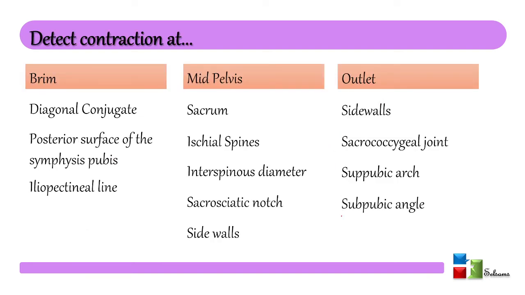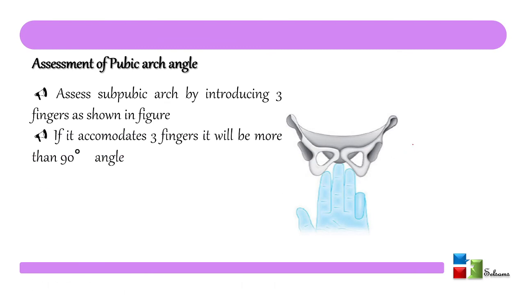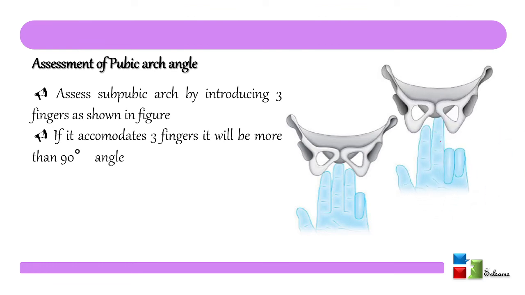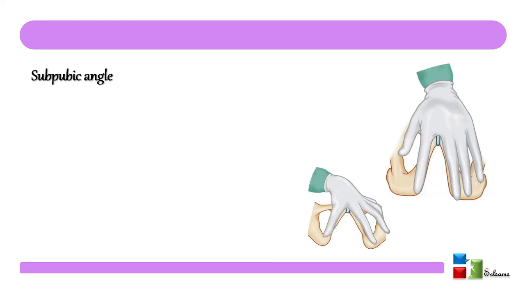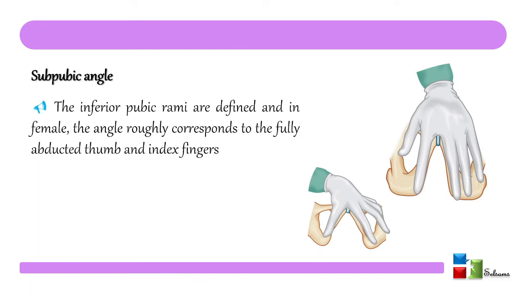Check the subpubic angle. It should accommodate 3 fingers, just like this, and if it is 2, it means narrow, and it should not be a 90-degree angle. If it is a 90-degree angle, it shows a small pelvis. So the pubic rami, this is the pubic rami.